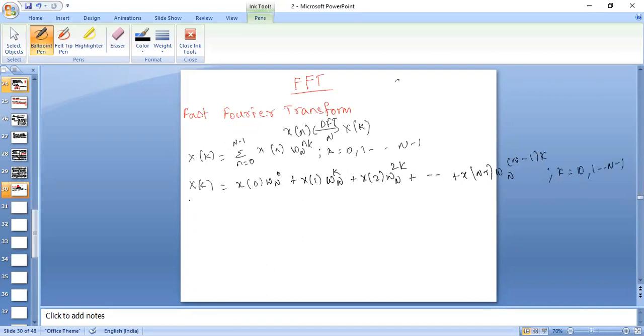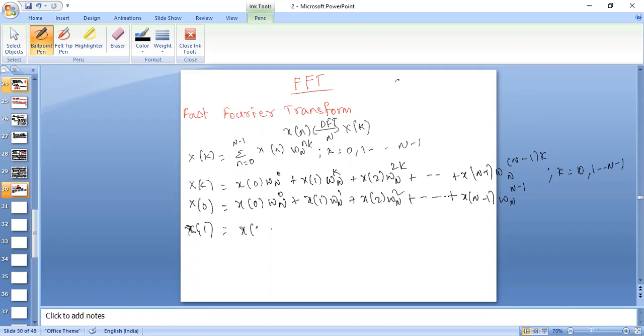Let us substitute k is equal to 0 to n minus 1 in this equation. Then for k equal to 0 it would be x of 0 omega n power 0 plus x of 1 omega n power 0 plus x of 2 omega n power 0 plus so on. These are not zeros, right? Because in this equation, since k is equal to 0, the entire twiddle factor power should be 0. Similarly, for k equal to 1, x of 0 omega n power 0 plus x of 1 omega n power 1 plus x of 2 omega n power 2 plus so on plus x of n minus 1 into omega n power n minus 1.